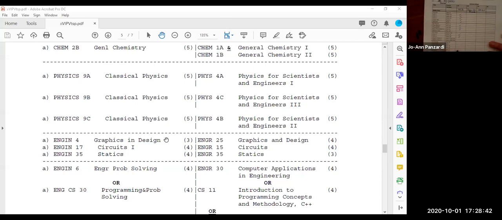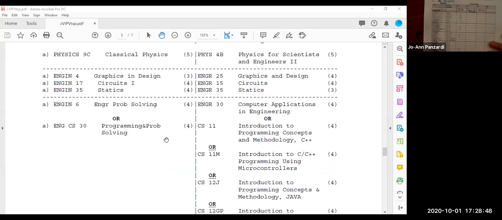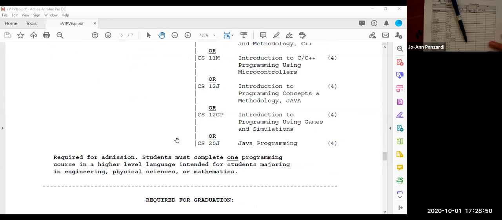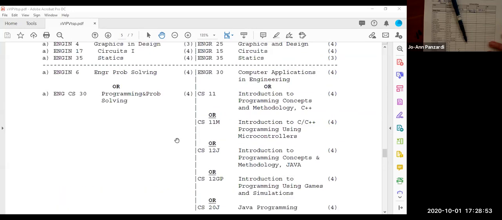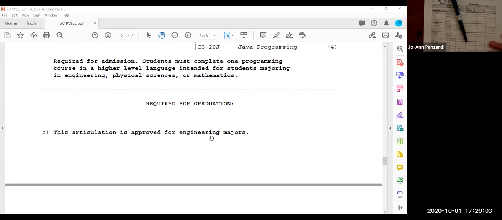Engineering 15, 25, and 35 are required. 30 is required. And notice for that one, you could take the engineering 30 computer class, or you could take a computer science class. I would suggest taking engineering 30 because there are more applications in engineering there.